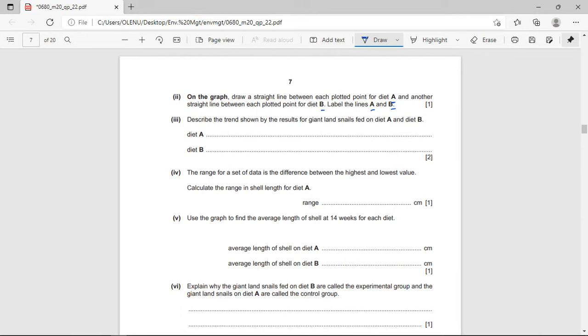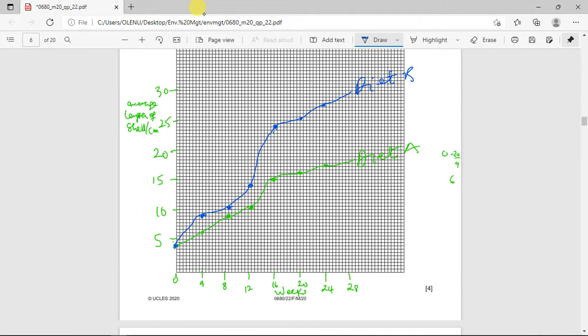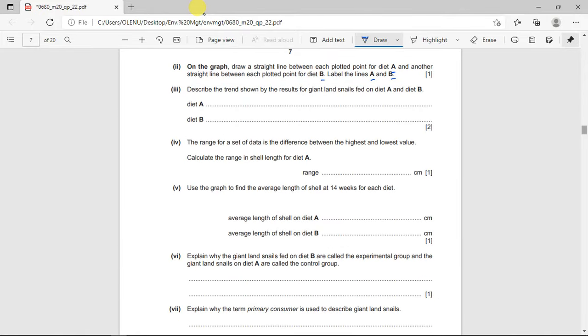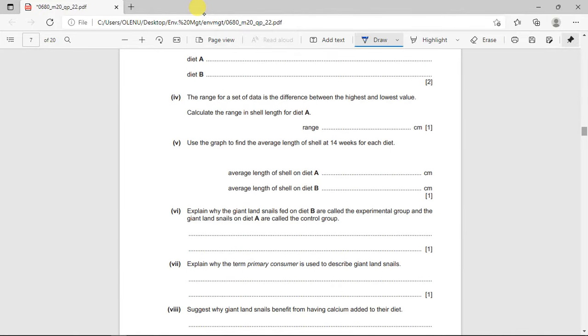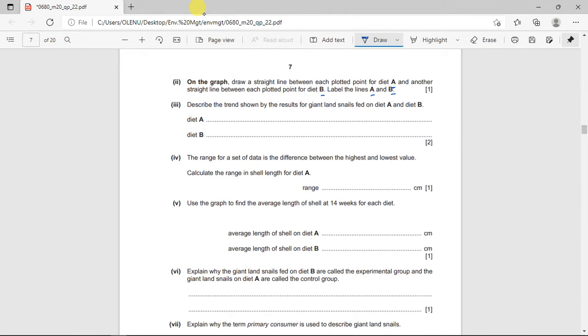That's one there. You find out that if you look at both, diet A and diet B increases. So this increases.